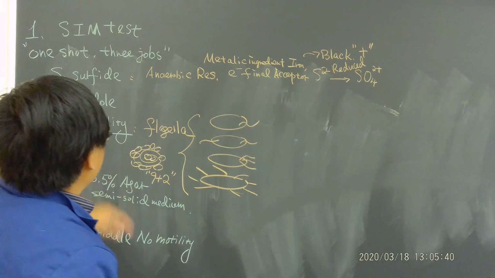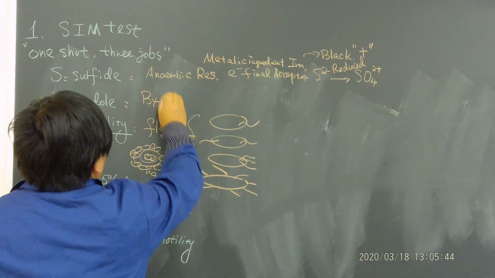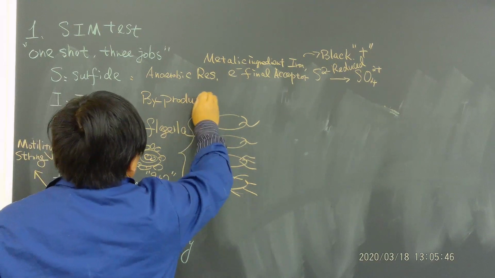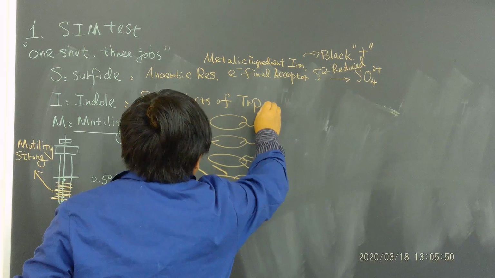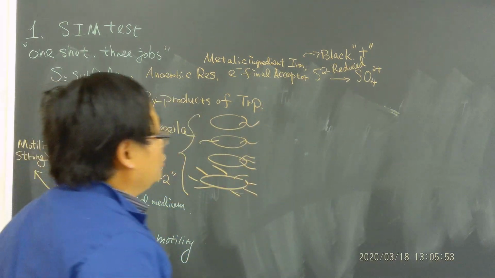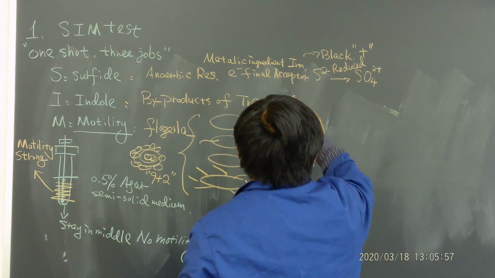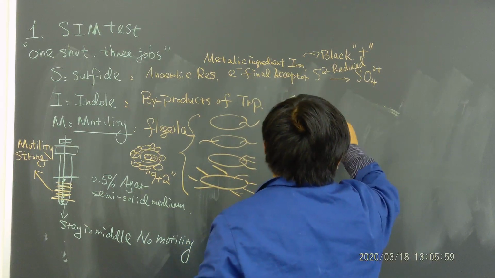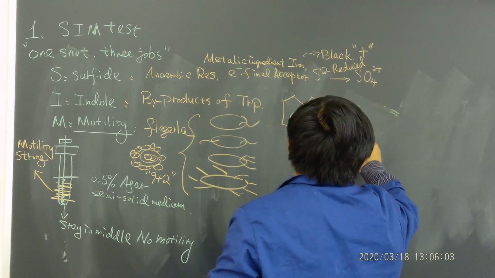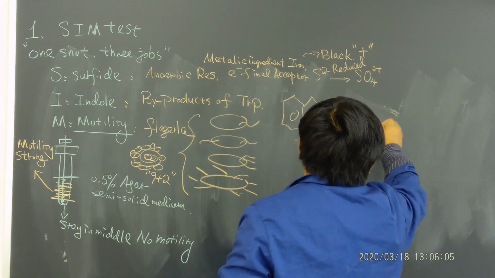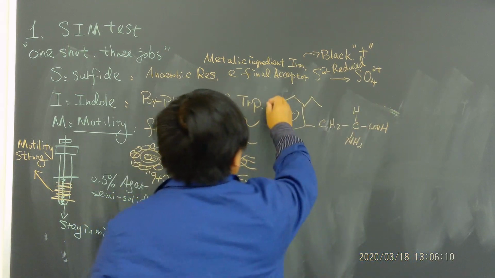Now we have one left, which is called indole. What is indole? This is a byproduct of tryptophan, TRP. So some of the bacteria can use an amino acid like tryptophan. This is TRP, tryptophan, okay?